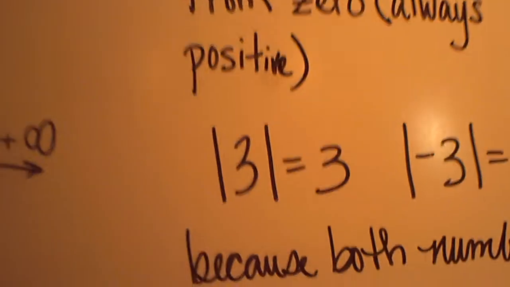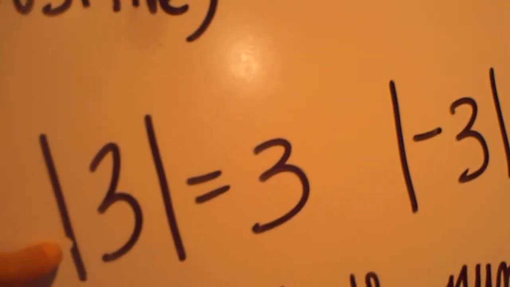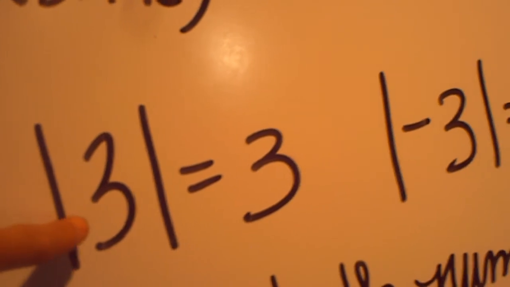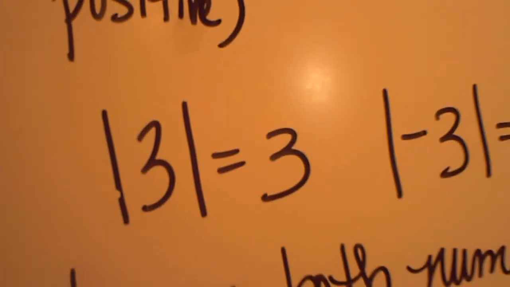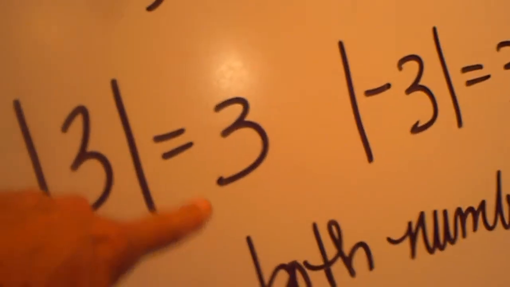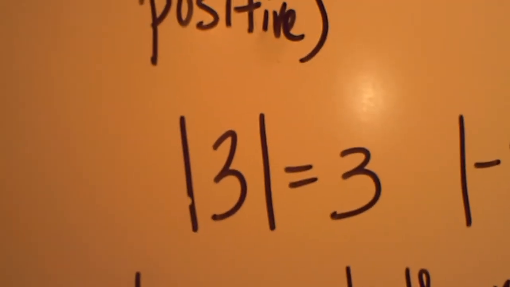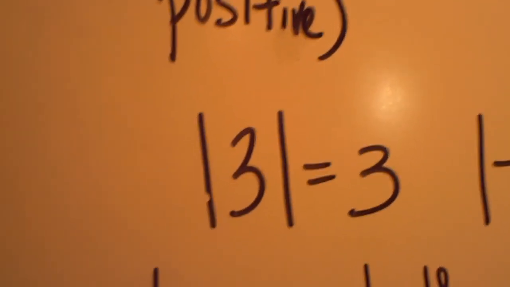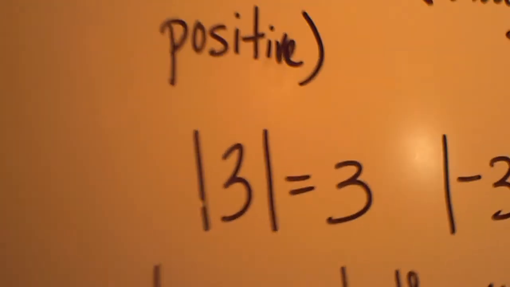Now you'll see right here these bars on the outside of the integer 3. Those are the absolute value bars. And as I stated before, the absolute value of a number is always positive. So we would say that the absolute value of 3, or the distance that 3 is from 0 on the number line, is 3 units.